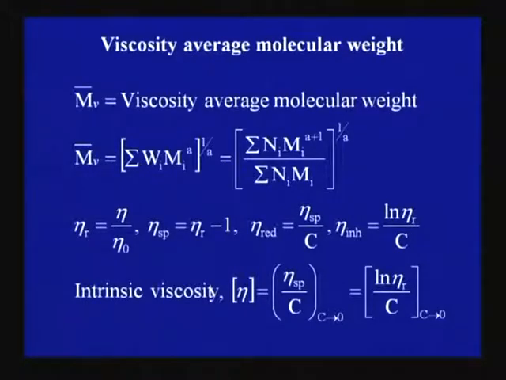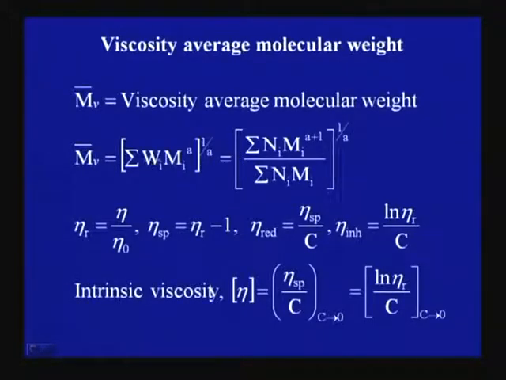Now, look at the viscosity average molecular weight. Here again, this viscosity average molecular weight is calculated with the help of weight fraction, the weight fraction of one species multiplied by the molecular weight of that particular species to the power a, where a is some exponent, and the whole sum of this product is raised to the power 1 by a.